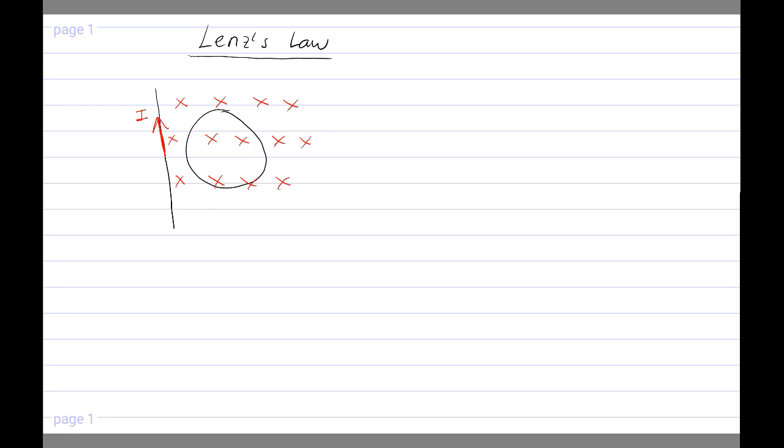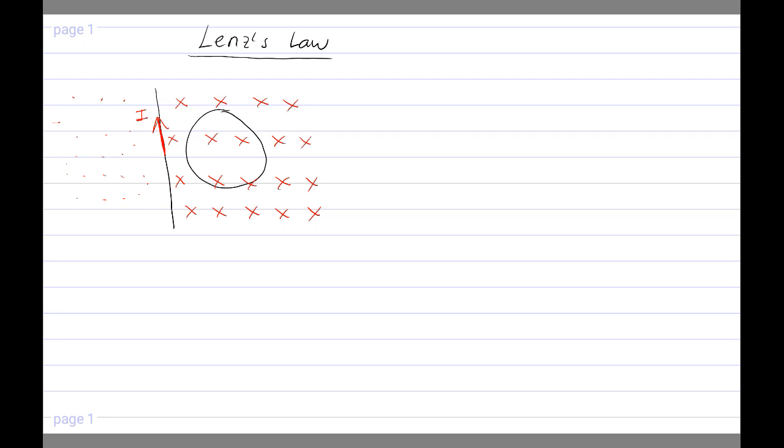Everywhere on the left side of the current, the magnetic field will be out of the page. Okay? Now, our area of interest is, of course, the right side of the current, because that's where that loop of wire is. So essentially, the loop of wire is sitting there in the magnetic field of current I.